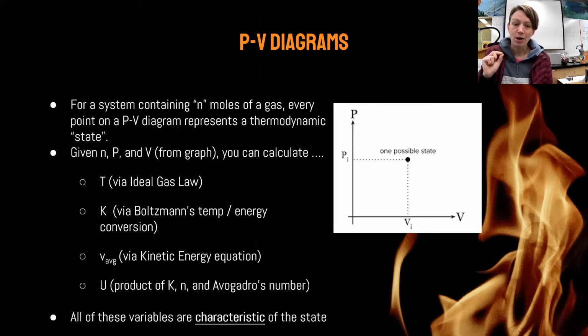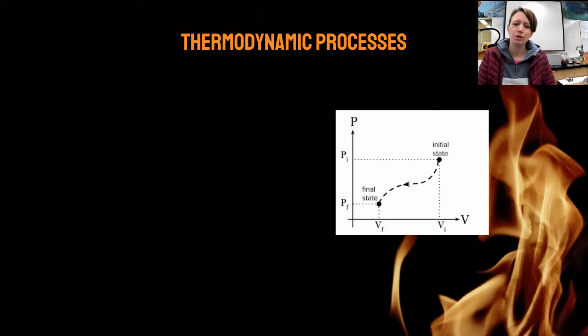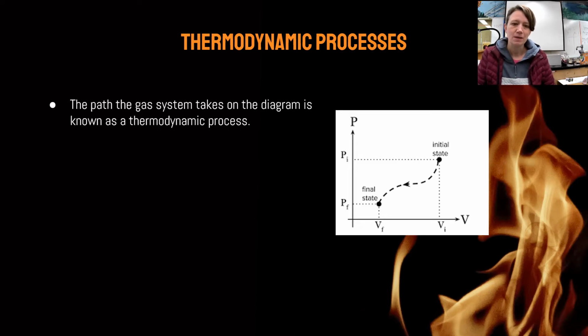So for any possible state, you can calculate the thermal energy given a point on a PV graph. Usually when you're given these PV graphs, they contain not just a single state, but an initial state, usually a final state, and a line showing the path that the sample took to get from one state to the other.